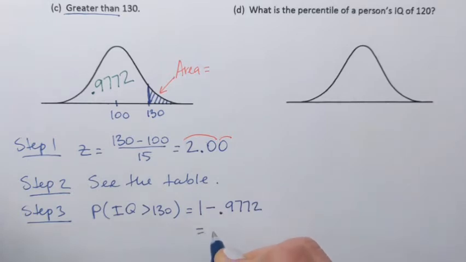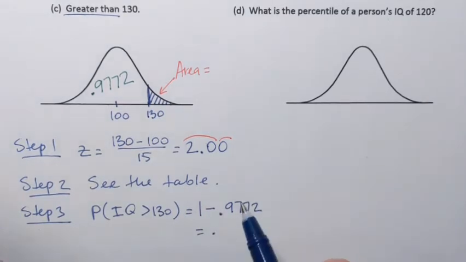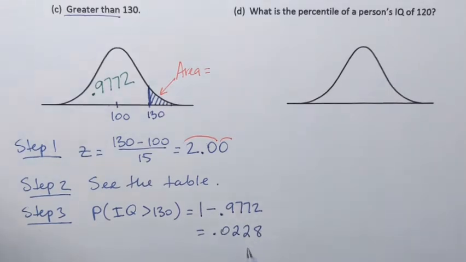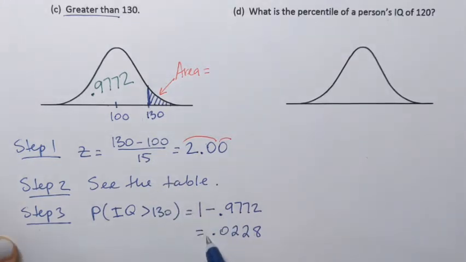And then the answer is 0.0228, or about 2%, right? So the probability that a person's IQ is more than 130 points is only about 2%. So this is a very high IQ score. But yeah, that's the answer.